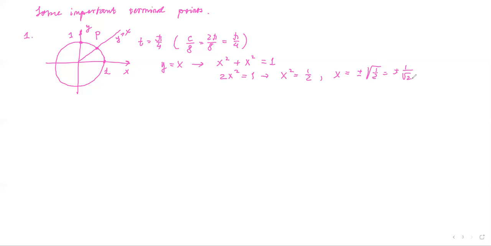Why did we get two different x's? We do see that for this specific point, x is going to be positive 1 over square root of 2. What is going to be x minus 1 over square root of 2?